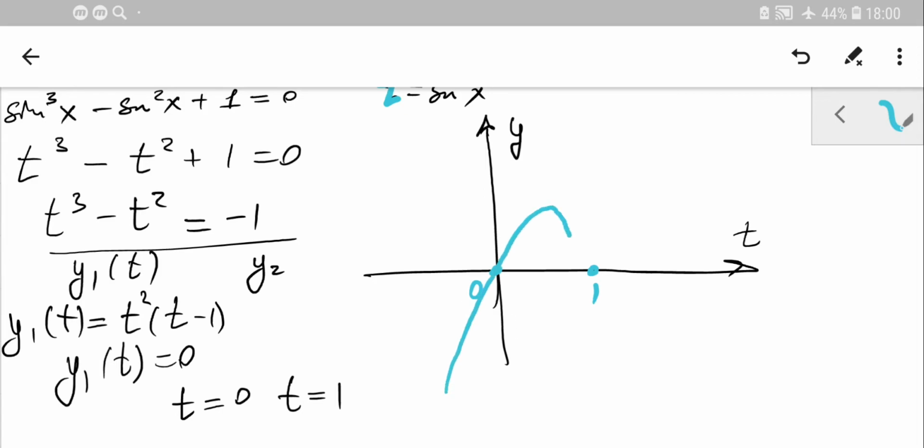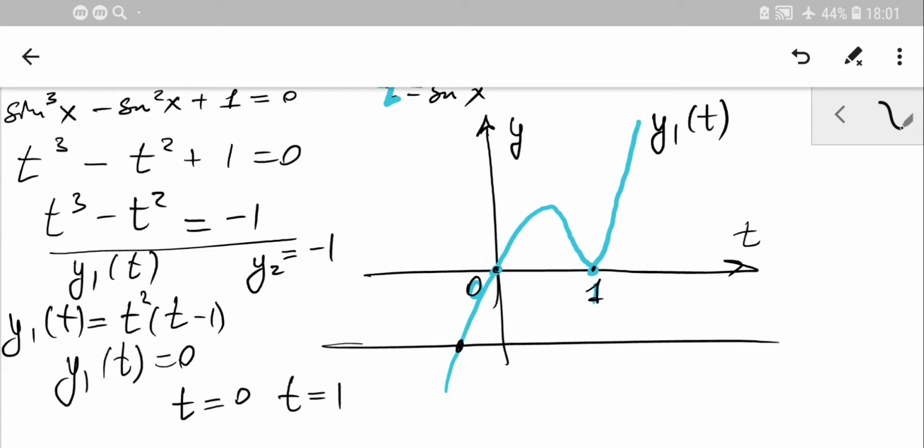It goes like this, and due to the leading coefficient it is mostly rising. Here we have another line, y equals -1. This is y1 as a function of t, and at the level of -1 is y2.